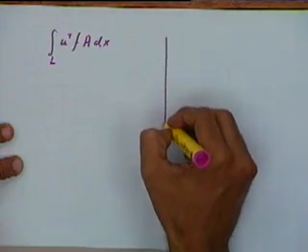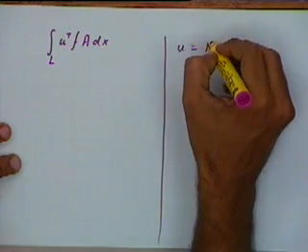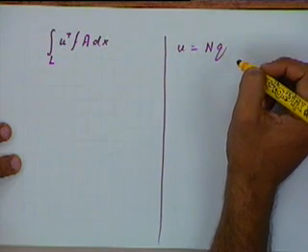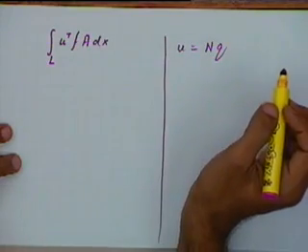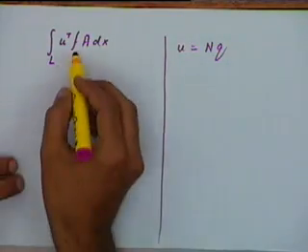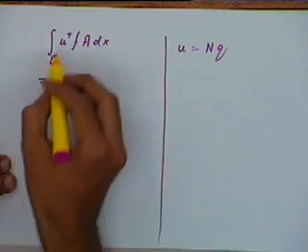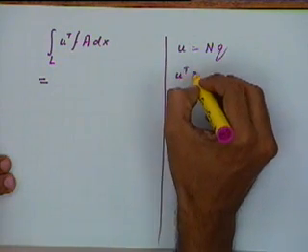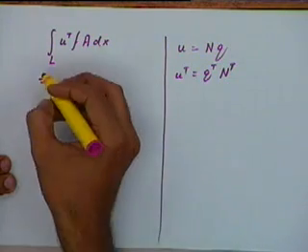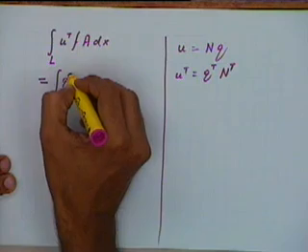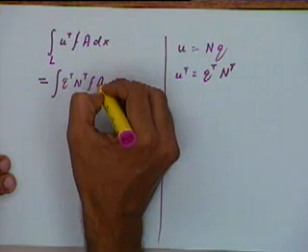We know U is equal to N times Q, and we know this F is a body force. So what will this integral become? U transpose will be Q transpose times N transpose. If I replace that over here, I get Q transpose N transpose multiplied by F A dx.